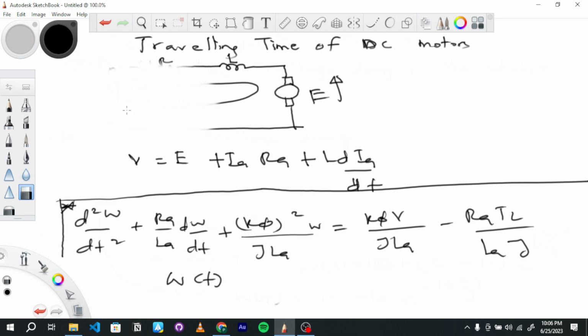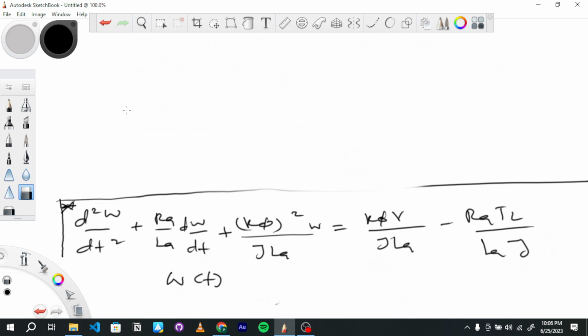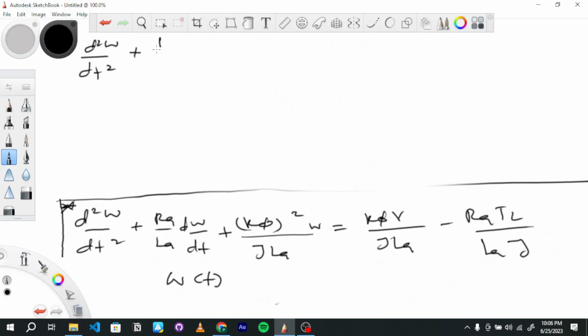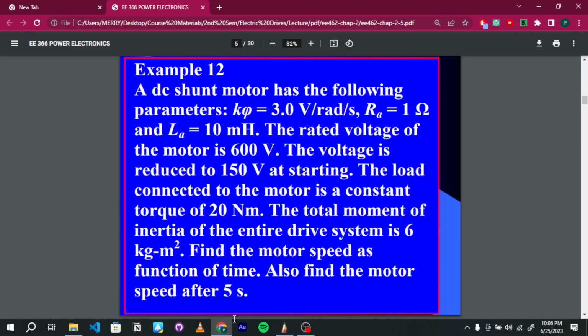So first, you're supposed to substitute all the values into it. d squared omega/dt squared plus RA over LA, where RA is 1 and LA is 10 milli, so 1 over 10 times 10 to the negative 3, d omega/dt, plus K phi squared over J LA. K phi is 3, so squared is 9, over J LA.